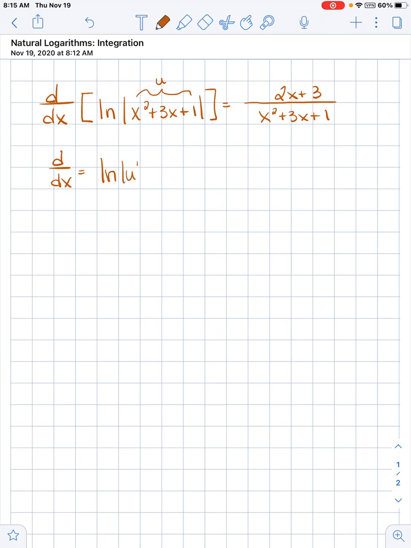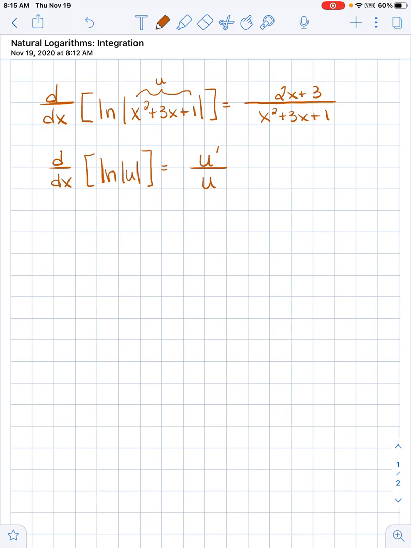If we have the natural log of any function u, and take the derivative of that, we found that the derivative of any natural log with any inner function is u prime over u.